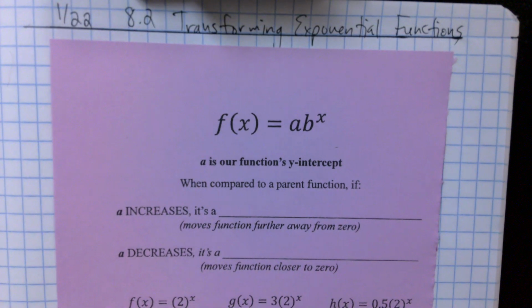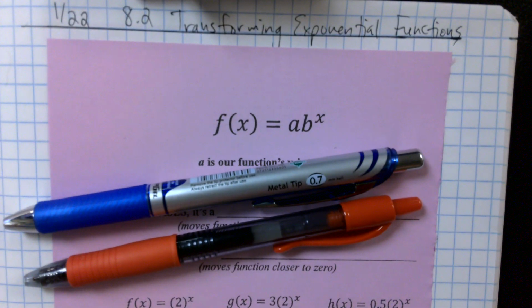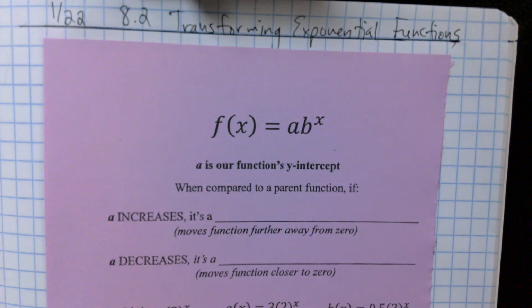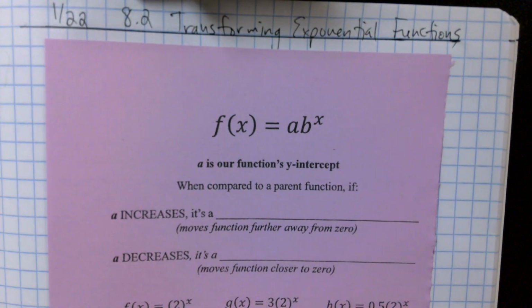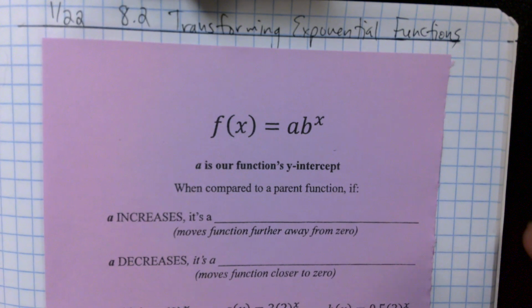Can you do me a favor? Can you guys take out a blue pen and a red pen from your supply box too? If you have your own colored pens, that works even better.